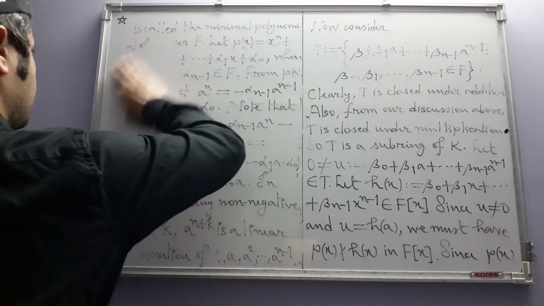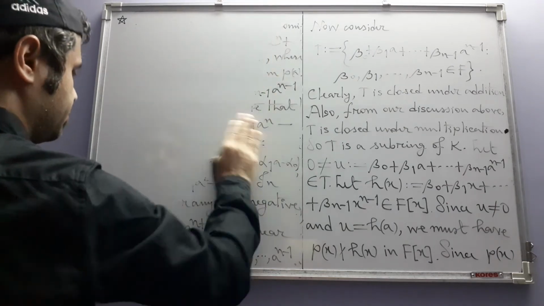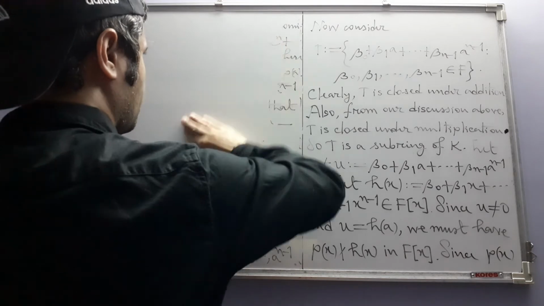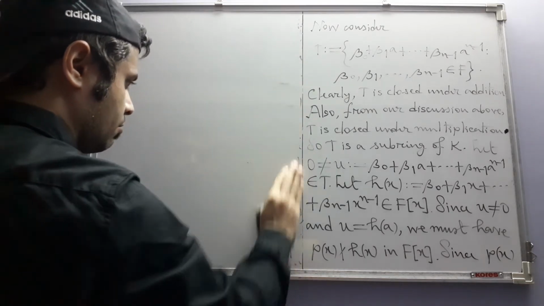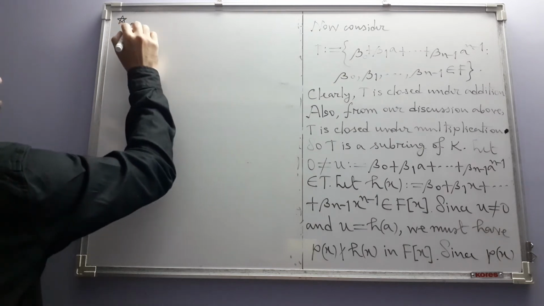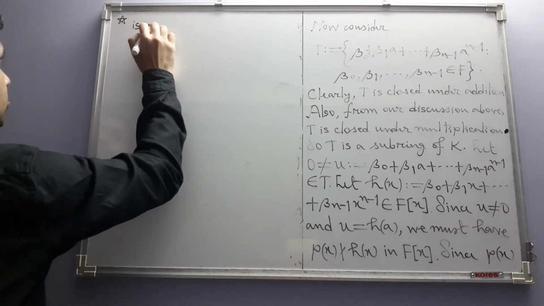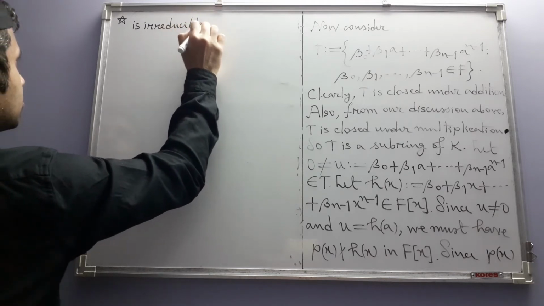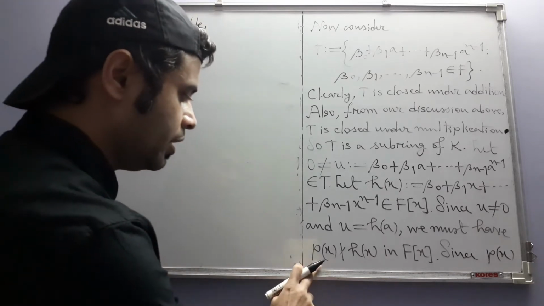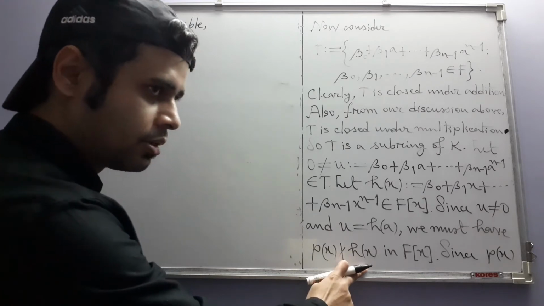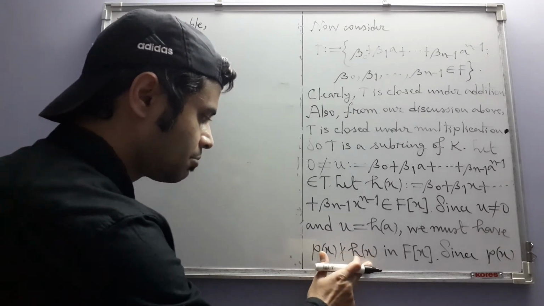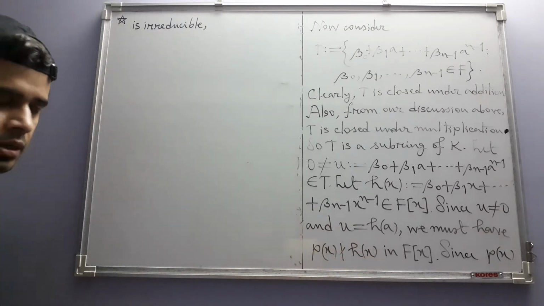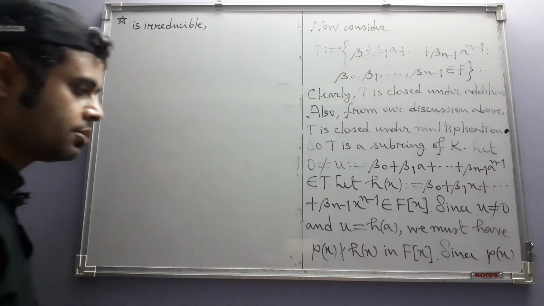Since P(x) is irreducible, and it does not divide H(x), the greatest common divisor of P(x) and H(x) in F[x] is 1.